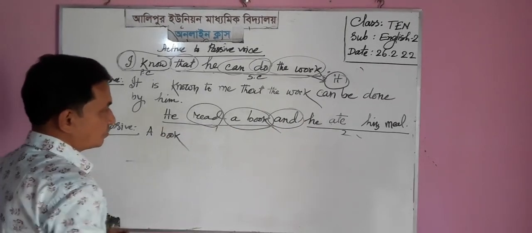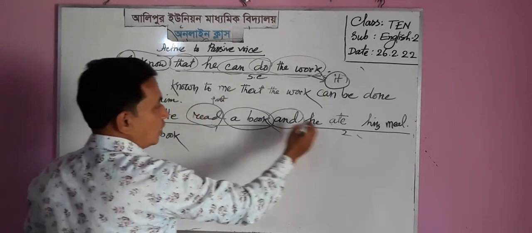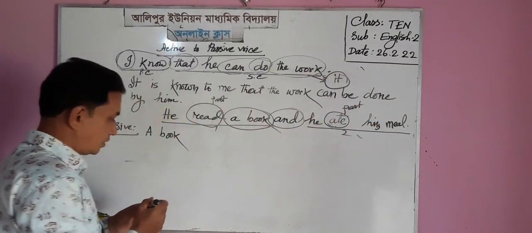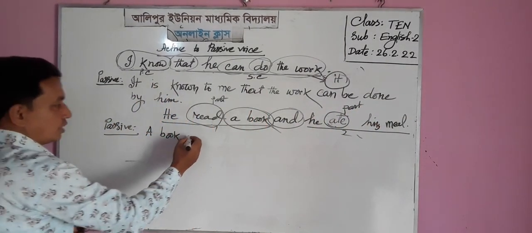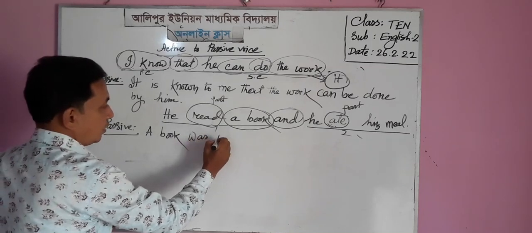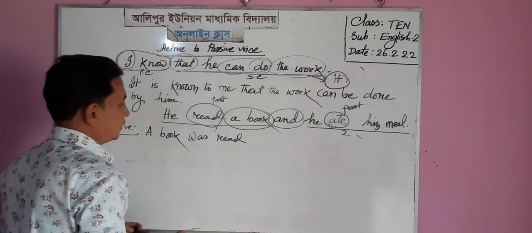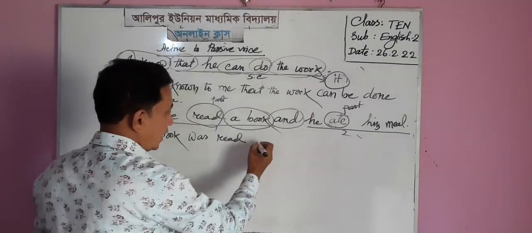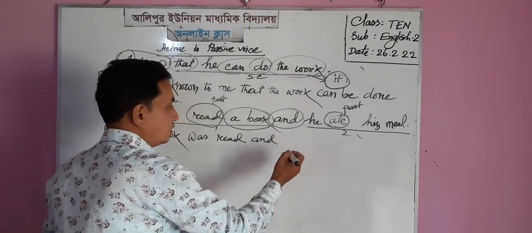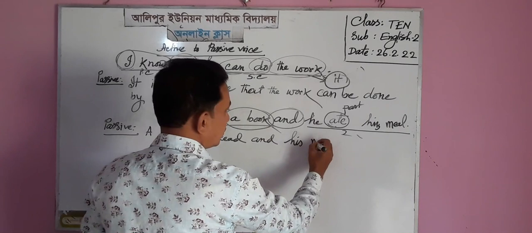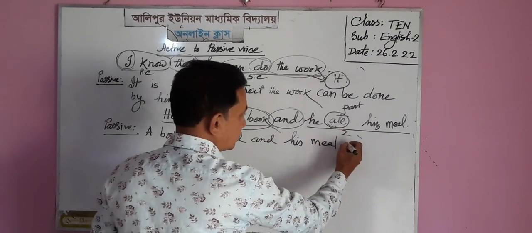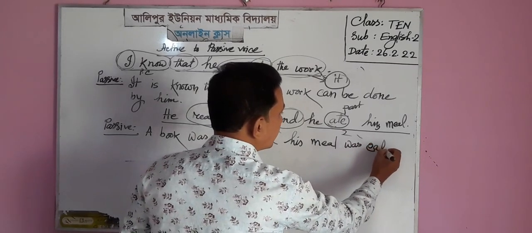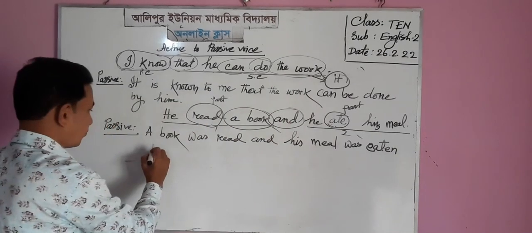This sentence is in past tense, so we will use the was verb. So a book was read, and his meal was, because this is also past tense, eaten by him.